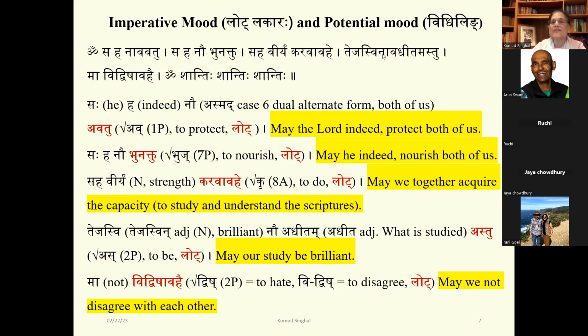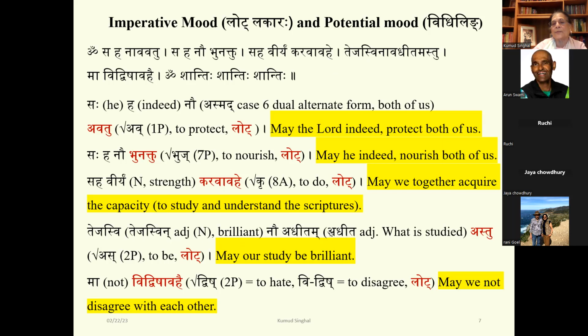Then tejasvinavadhitamastu. Now there are a number of sandhis here. Tejasvi. So the pratipadikam is tejaswin. It is an adjective, and here it is in the neuter form. Tejasvi means brilliant. Now both of us, adhita.